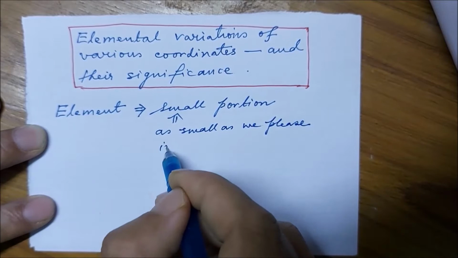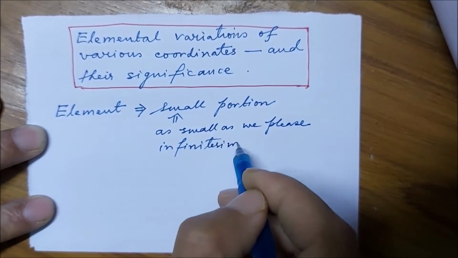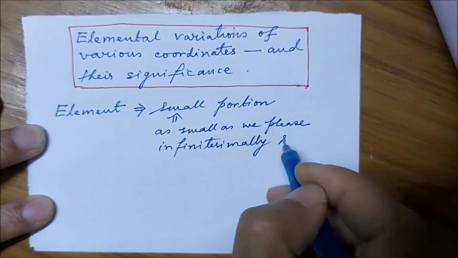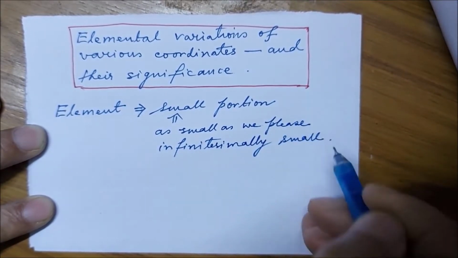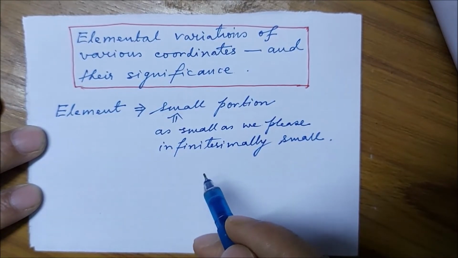Or in other words, we can say it is infinitesimally small. So there is no limit to the smallness. If you think an amount is small for you, your friend might think that it can be divided into two parts and you can go to a smaller length.